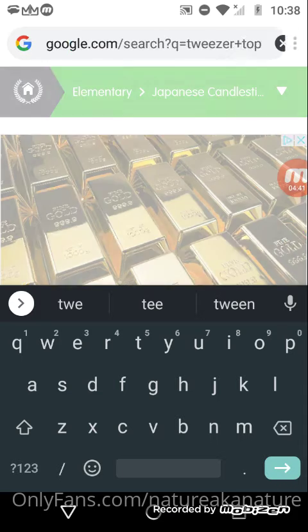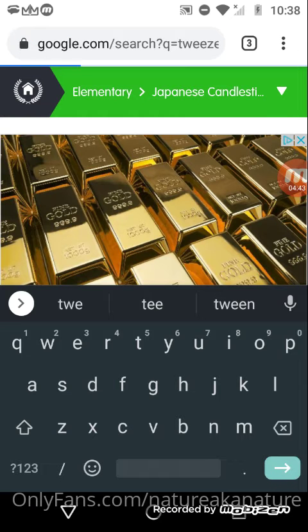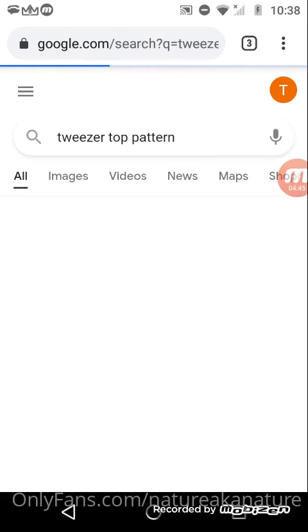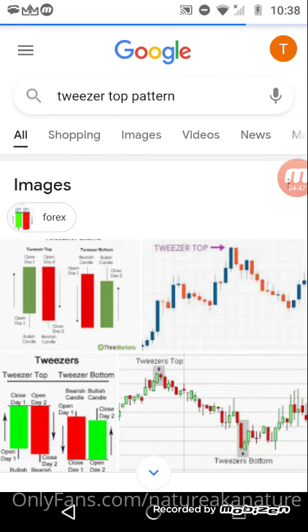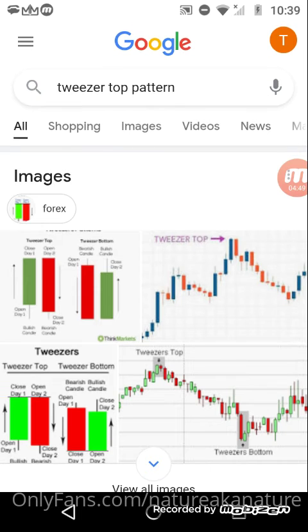A tweezer bottom occurs when two candles back to back occur with very similar lows. Like many other candlestick patterns, tweezers occur quite frequently. Let me show y'all some images of the tweezer top and tweezer bottom.